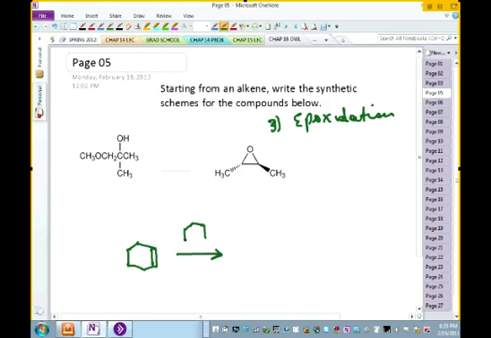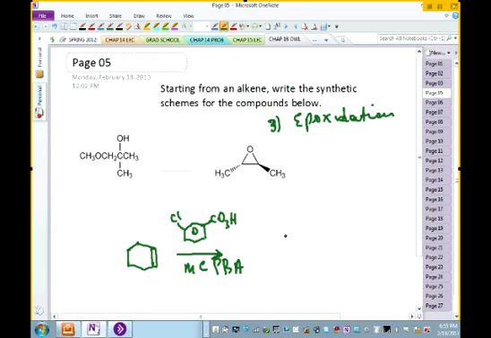Use this, m-chloroperbenzoic acid. For subsequent problems, you could simply say MCPBA, that would be fine.